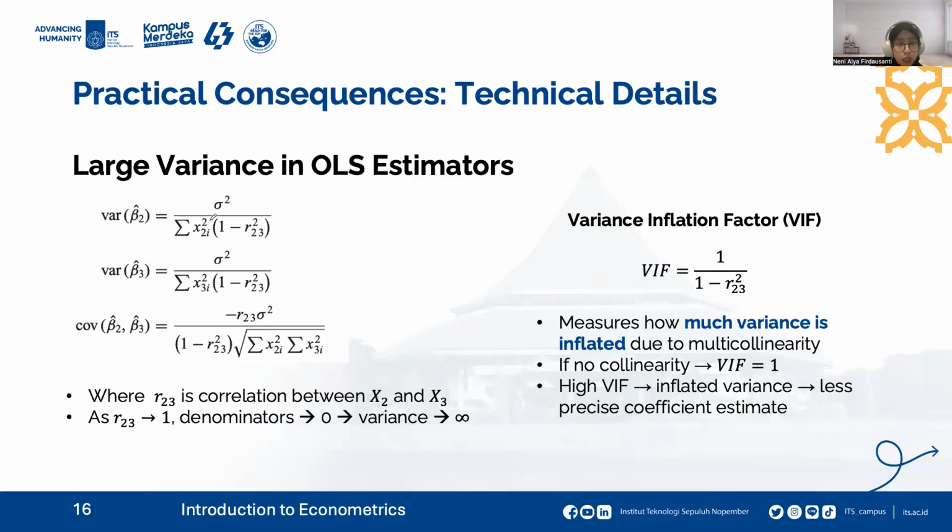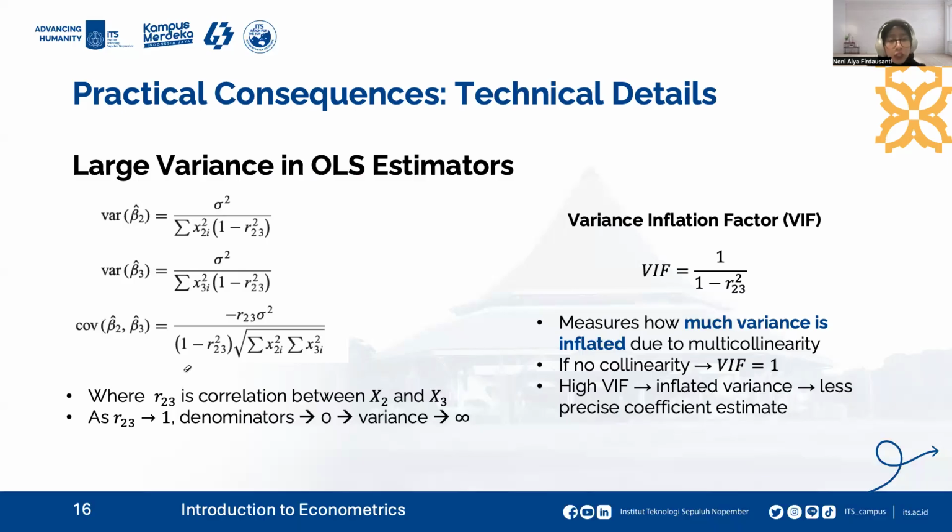There is r_23, which is the correlation between X2 and X3. As r_23 is equal to 1, this term will be 1 minus 1, which means it will be 0. Any value divided by 0 will be infinite. Therefore, the covariance will be infinite.